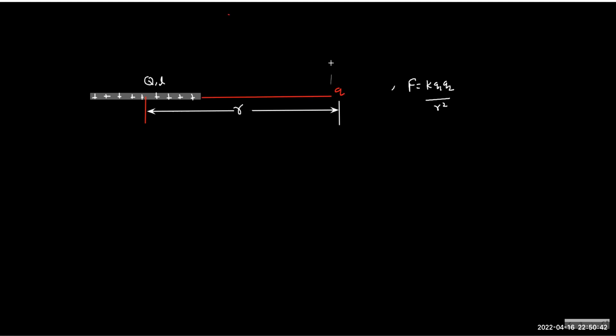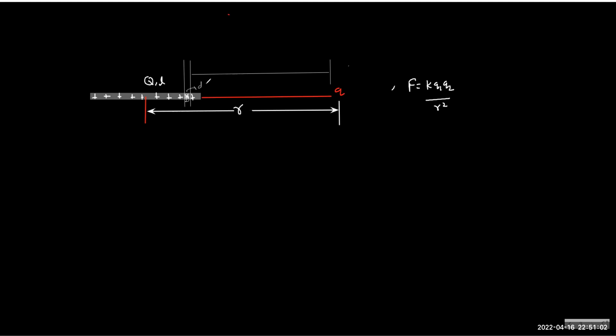So you start from this charge because this is the point charge itself. So we move somewhere here, and then we cut a small length of the rod, and this part will act as a point charge, right? Yes, sir.